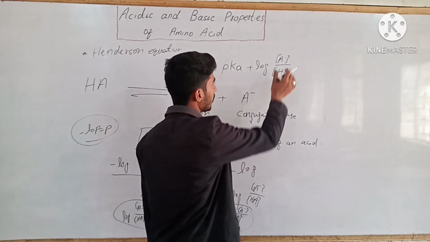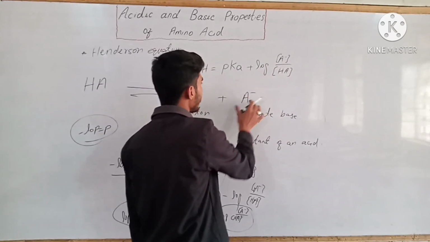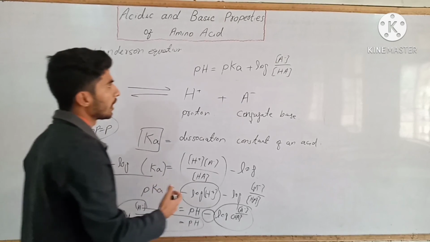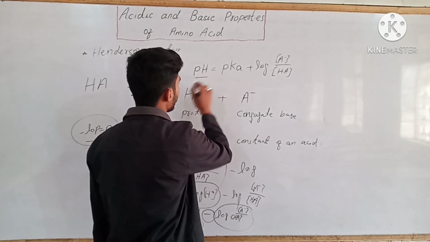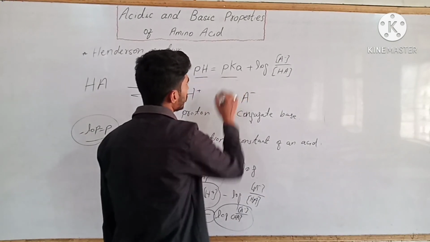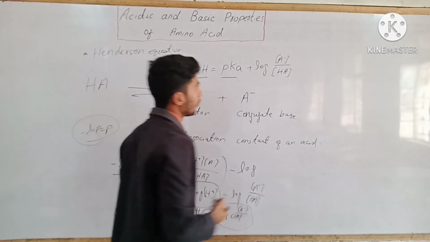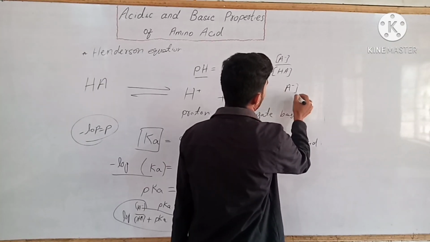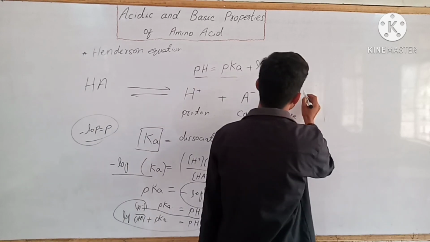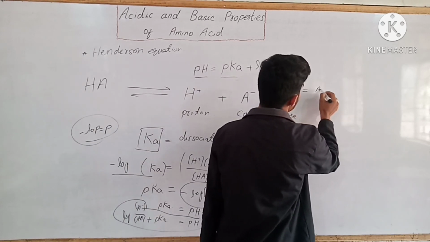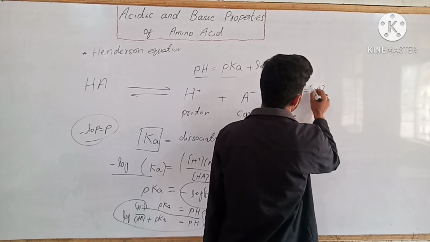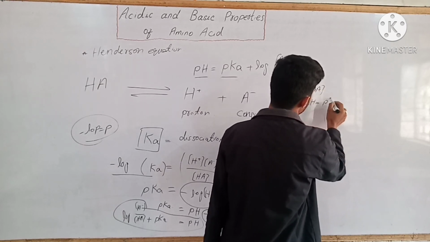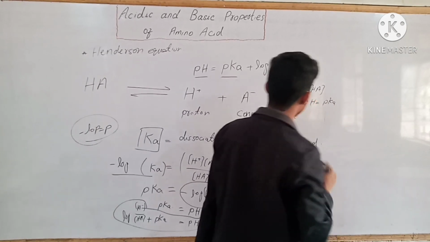If the concentration of the conjugate base is equal to the concentration of the acid, then the pH is equal to its pKa value.